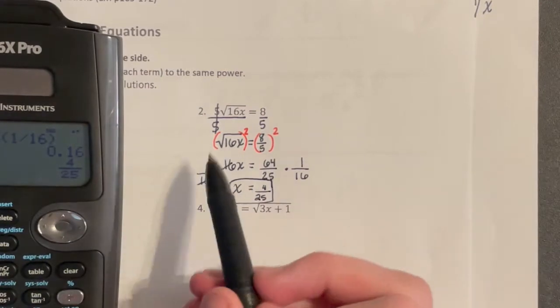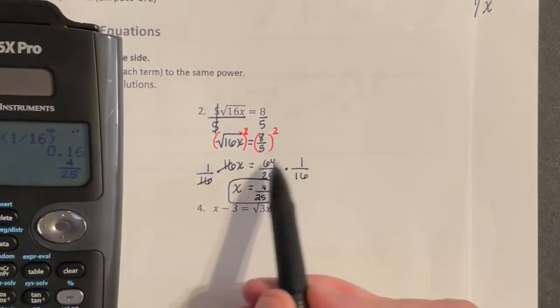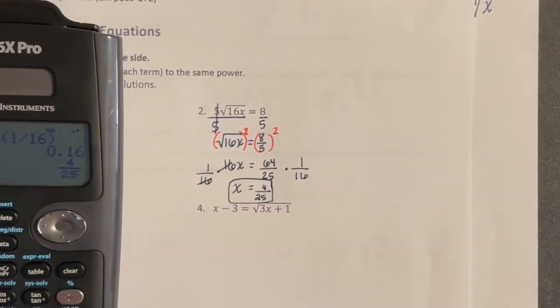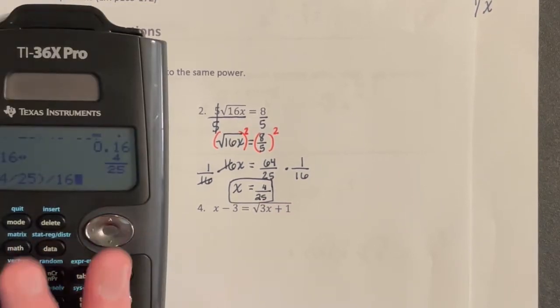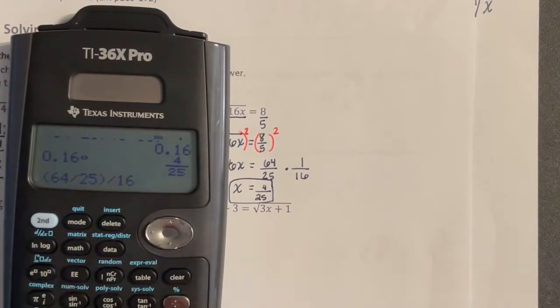Now, I multiply by 1/16 because I could have done this by hand, but if you just divided both sides by 16, you get the same answer. So 64 over 25, and we're dividing by 16. Make sure I'm putting that 64/25 in parentheses, but I still got that 0.16, which was 4/25.